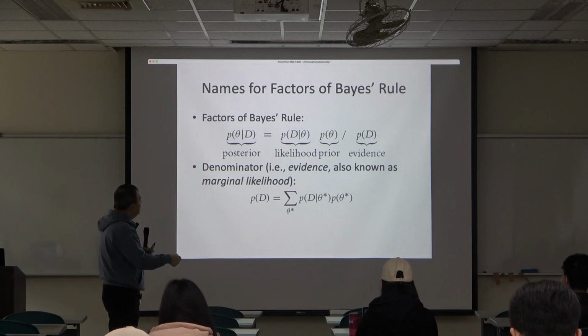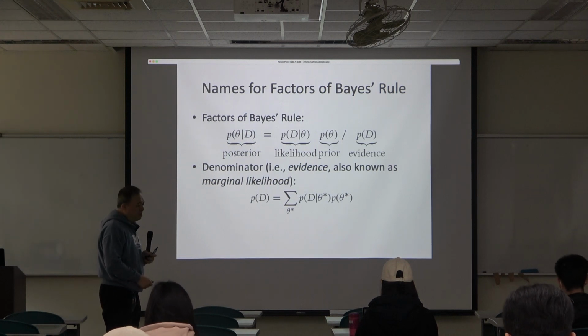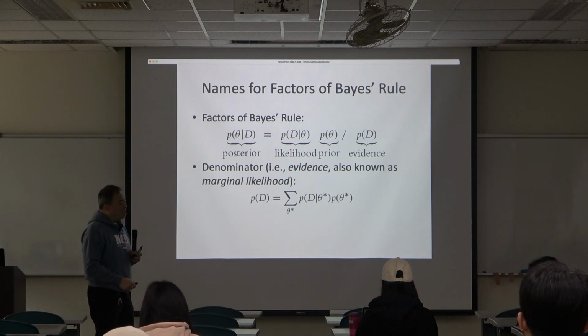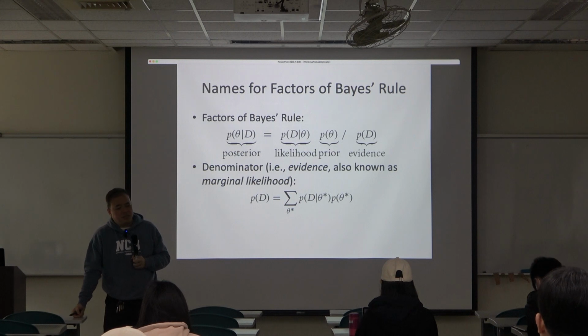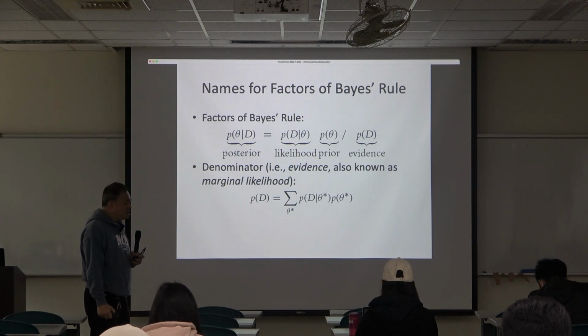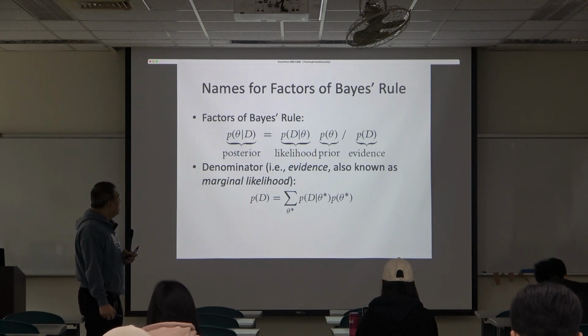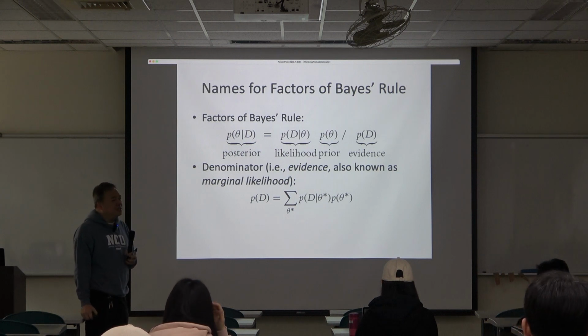So once you know the likelihood, you know the prior, and you can calculate P of D, the evidence, then you can get your posterior, which is like the probability or distribution of the model parameter on condition of the collected data.